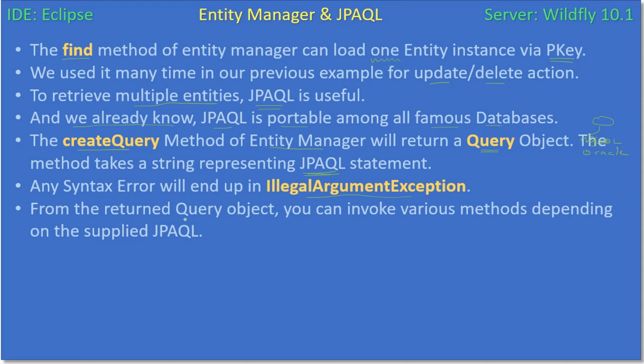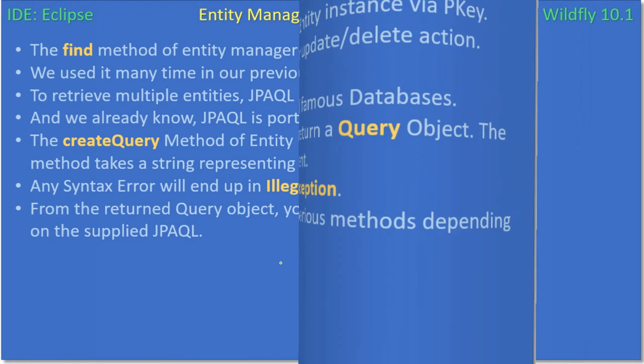So the JPA-QL can be for insert, it can be for update, or it can be for delete. Based on the JPA-QL, you can access various other methods from the query object.